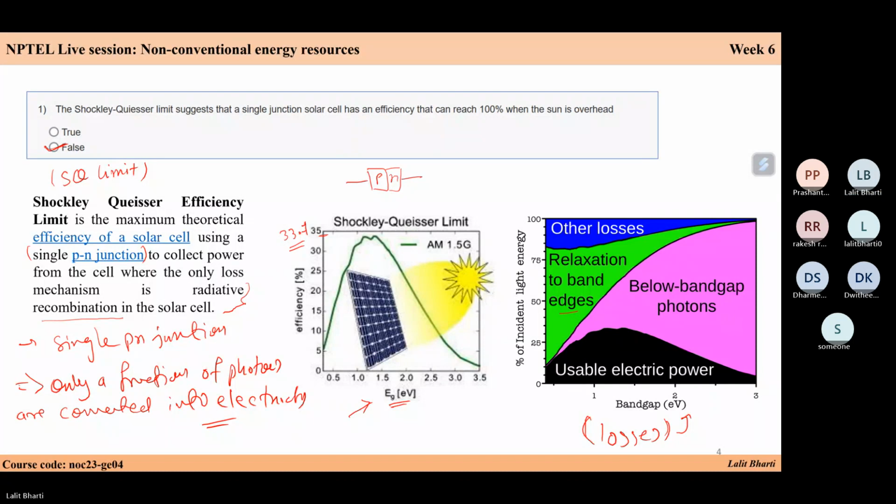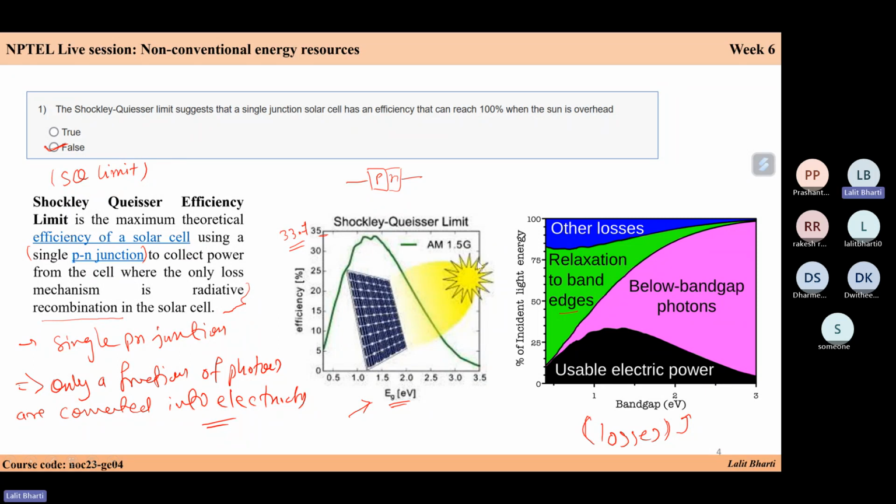This is the efficiency limit for collecting power from a cell where the only loss mechanism is radiative recombination. In simple form, this limit tells the maximum efficiency of a single cell which can be possible. It is not possible to convert solar energy to electric energy with 100% efficiency.